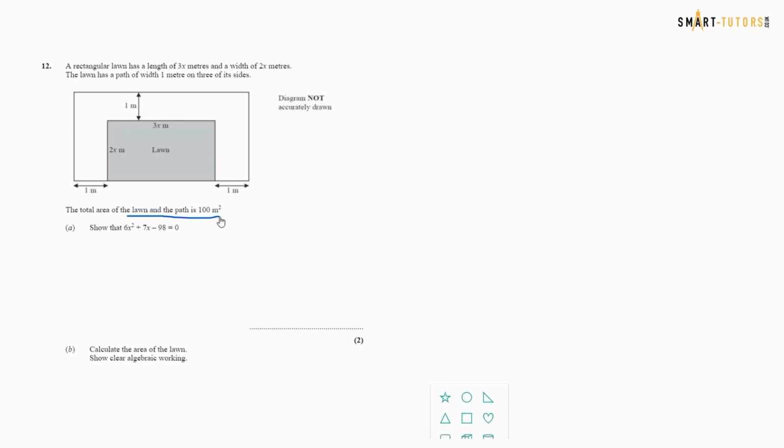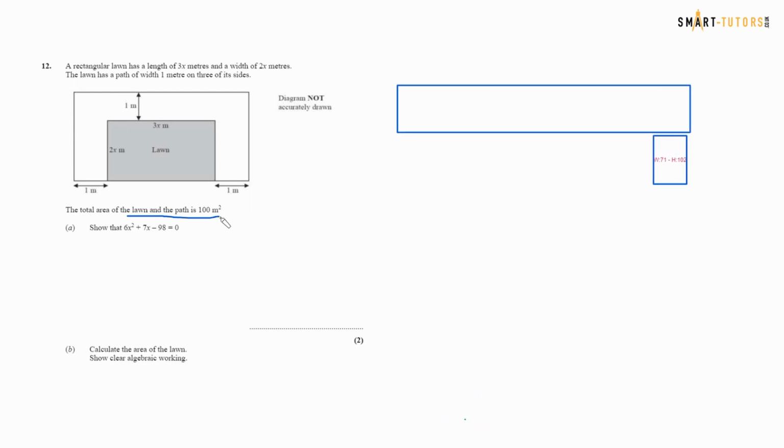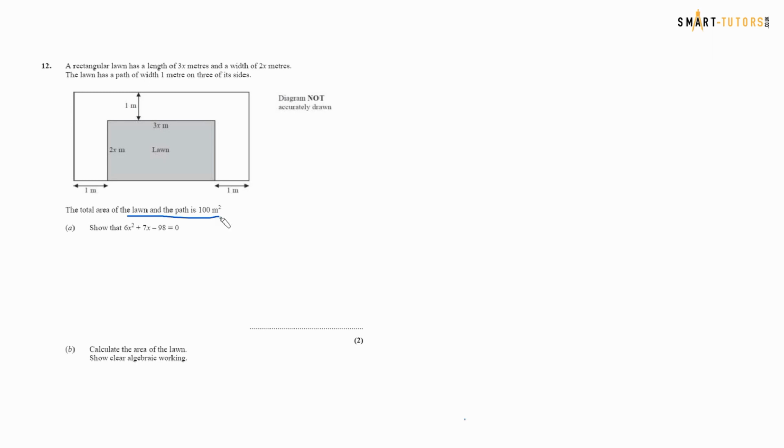So let me draw a quick rectangle. This rectangle includes the path and the lawn. So let's sketch this one. The length of the path and lawn is 3x plus 2.